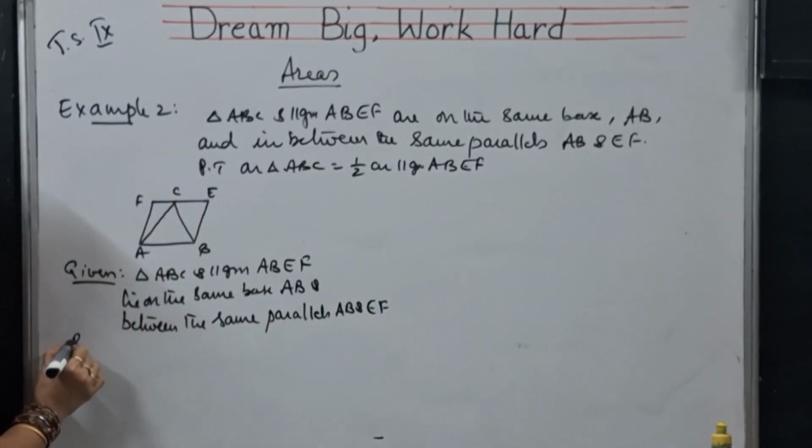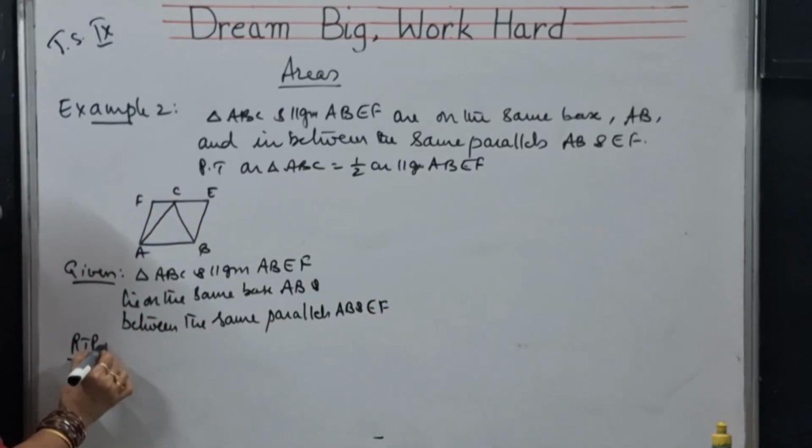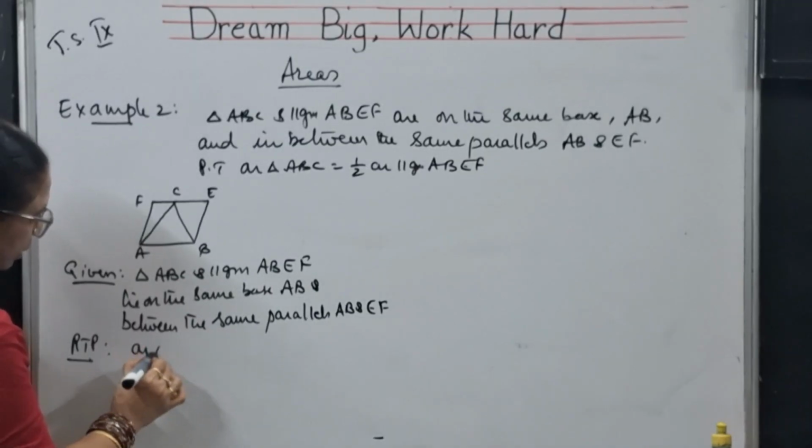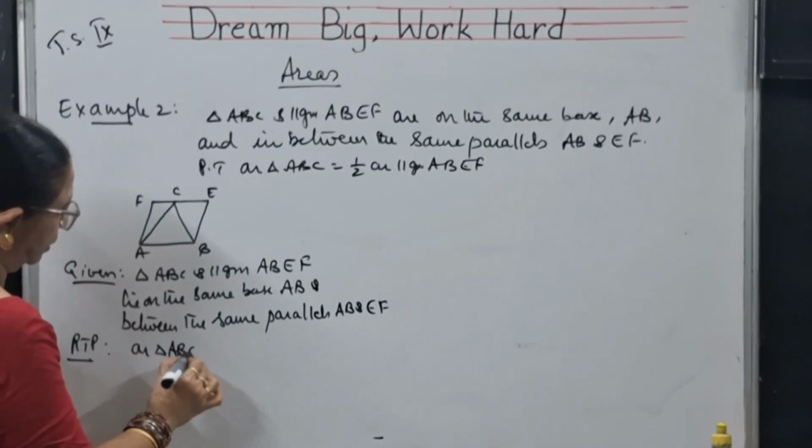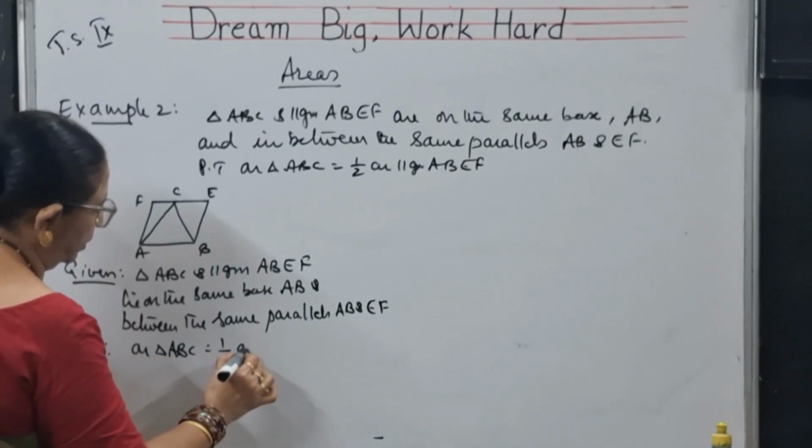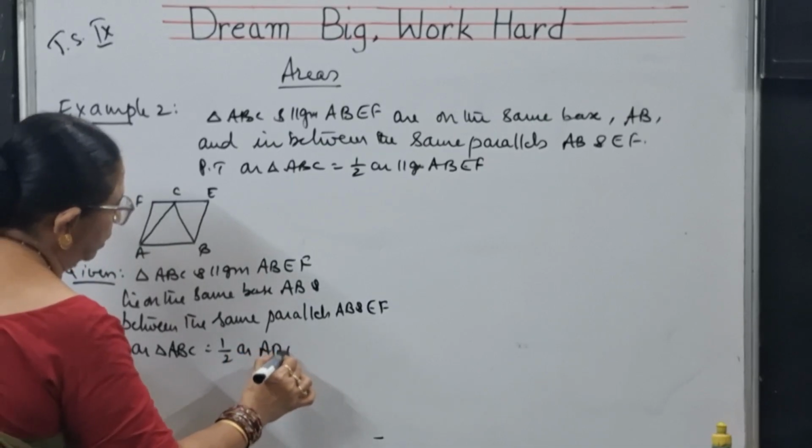Now what is RTP? What we need to prove? We have to prove that area of triangle ABC is equal to half area of ABEF.